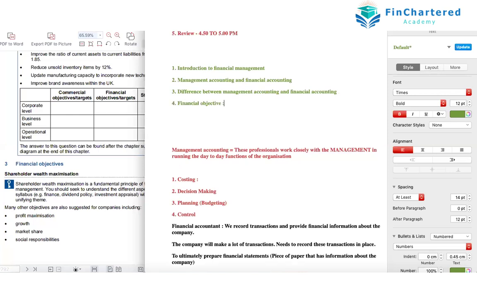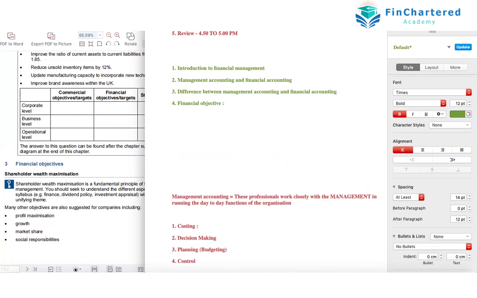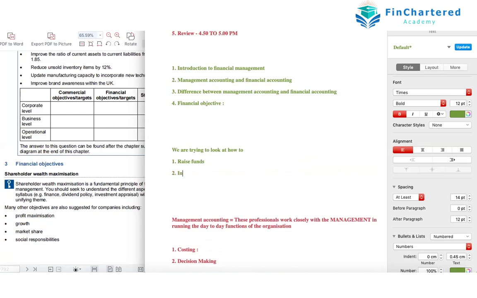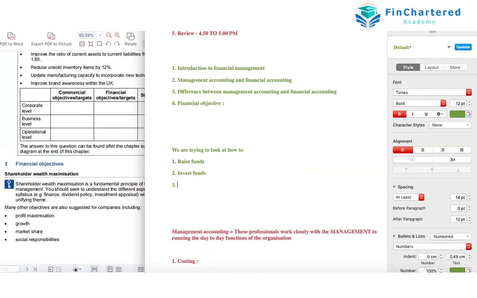In the company, yes, as I said, we are trying to look at how to raise funds, how to invest funds, and what to do with dividends.